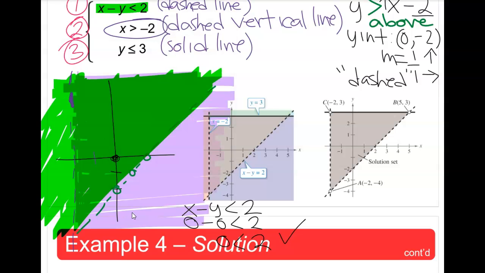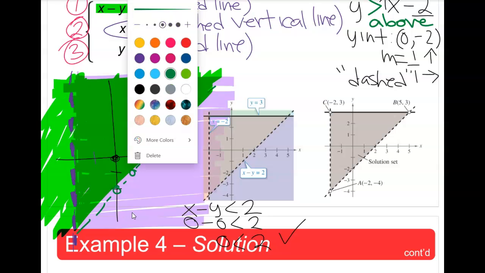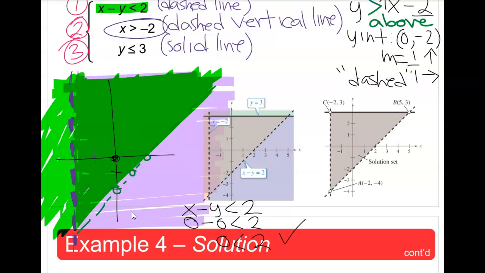Let's make a statement that that line is not part of it. And also, here, let's make this line very clear that it's a dash line. It's not part of our solution set. It's not a solid line.